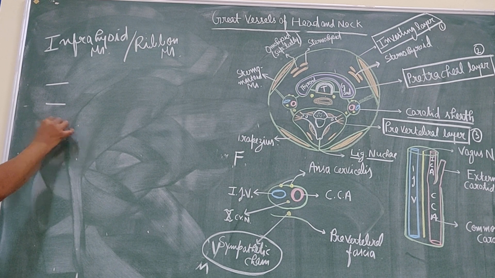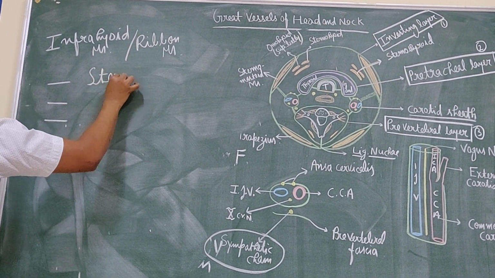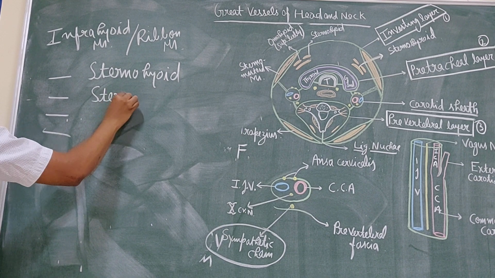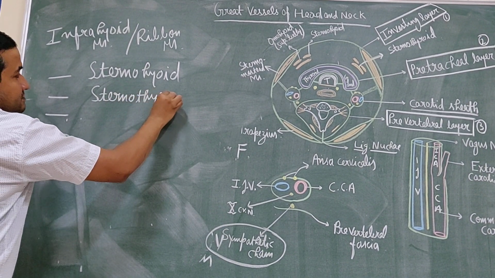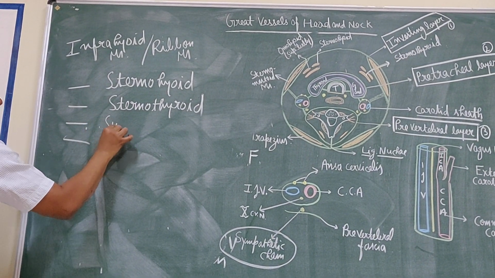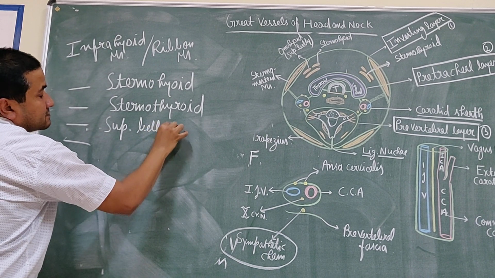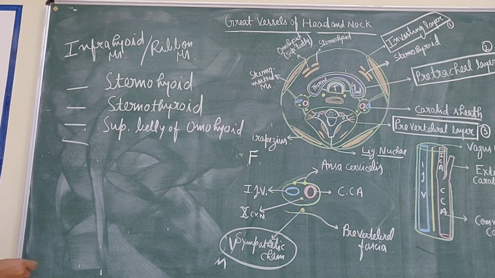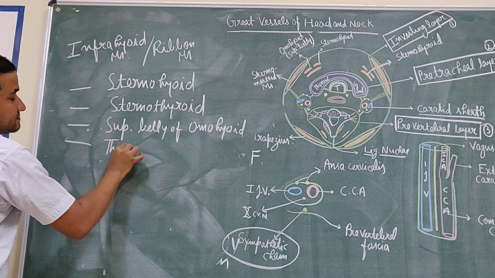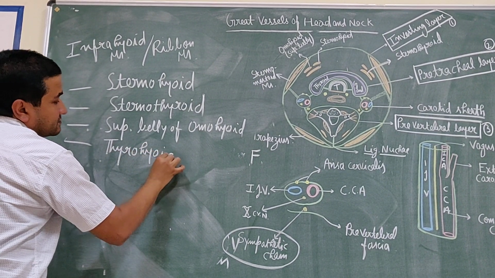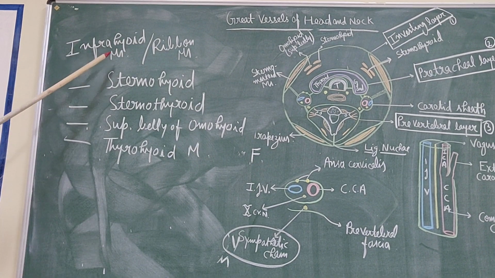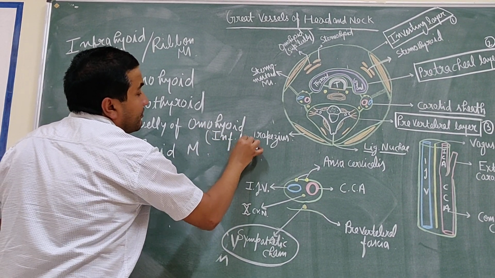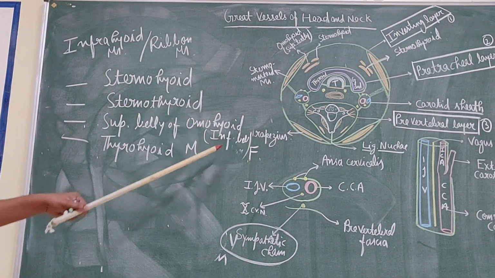There are 4 infrahyoid muscles: the sternohyoid, sternothyroid, superior belly of omohyoid, then the thyrohyoid muscle. Along with the superior belly, the inferior belly of the omohyoid is also included. Omohyoid has two bellies, superior and inferior.